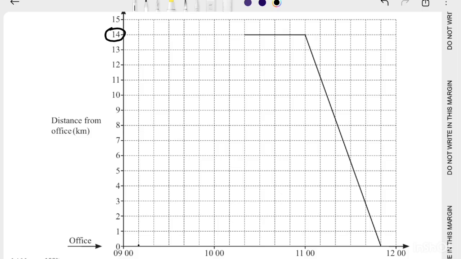If you see, there are 1 2 3 4 5 6 units, so it would be 9:10, 9:20, 9:30, 9:40, 9:50 and 10, then 10:10, 10:20. So he stays there from 10:20 to 11, means 40 minutes.